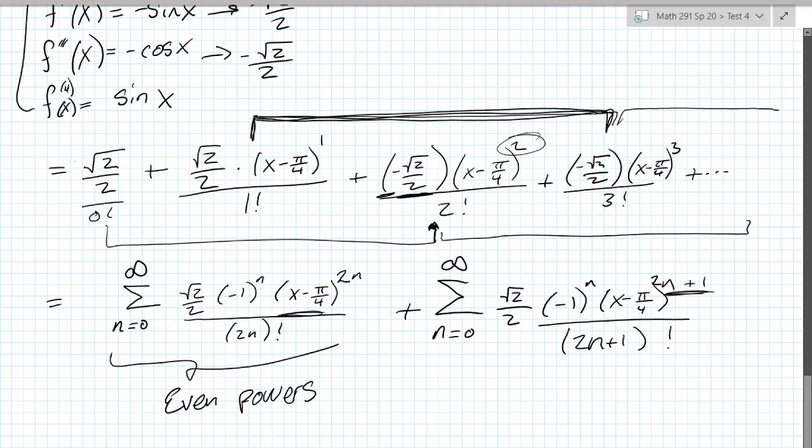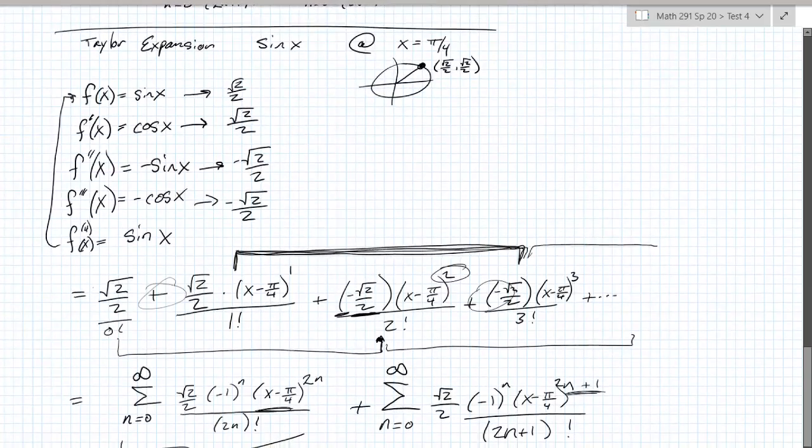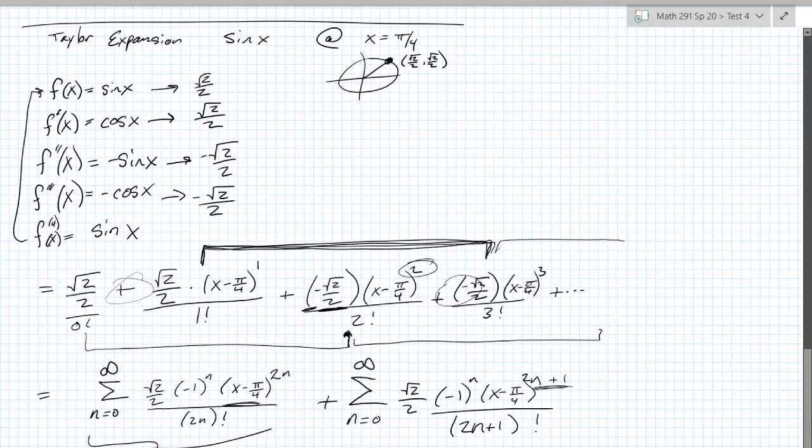So now I have 2n plus 1 in the denominator with the factorial. It's going to go 1, 3, 5, 7, 9. My signs start positive, then negative, and that works out. And our powers go 1, 3, 5, 7, 9. So there you have it. We've got our Taylor expansion for sine of x centered at pi over 4. It's a little bit more complicated, but don't let it stop you.